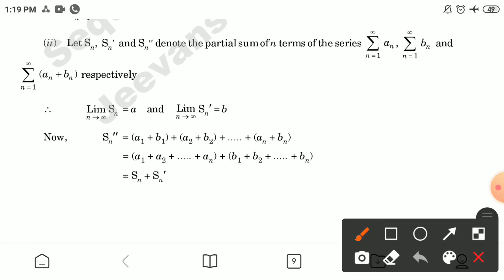Now let Sn, Sn dash, Sn double dash denote the partial sum of n terms of the series summation an, summation bn and summation an plus bn respectively. Therefore, the limiting value of Sn when n tends to infinity is equal to a. Limiting value of Sn dash, n tends to infinity, is equal to b. Now Sn double dash is equal to a1 plus b1 plus a2 plus b2 plus so on plus an plus bn, or we can write it as the sum of Sn plus Sn dash.